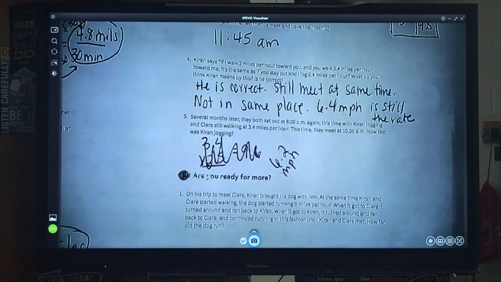What is the total? 24, my bad. So we have to subtract it from the total. And so what we did was 3.4 times 2, and then divide 3.4 by 2.